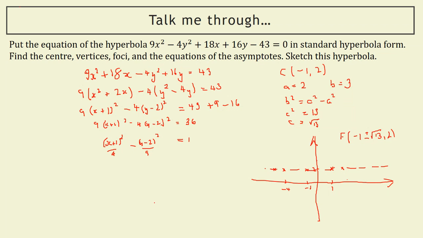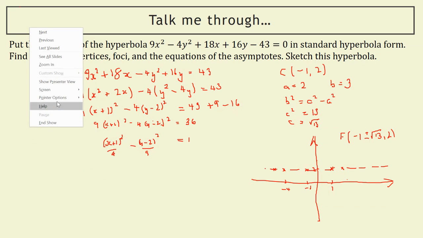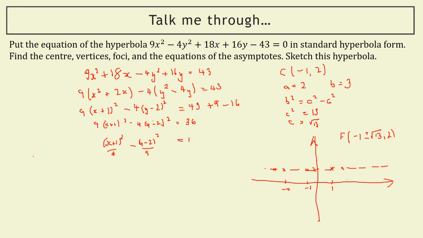Okay, the equations of the asymptotes, that's the tricky bit. Where do we start with that, though? How would we start doing that? Okay, so you can use y minus y1 is m times x minus x1, but what's your gradient?